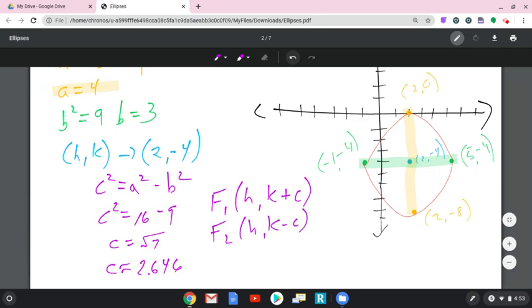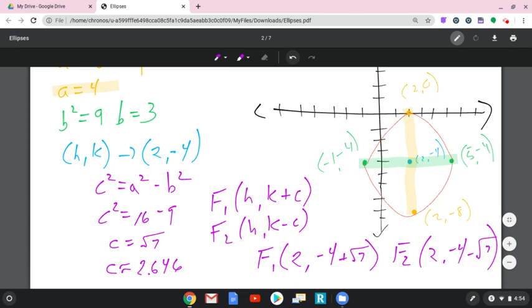The reason we're adding and subtracting from K is because it's an up and down ellipse. My center H is 2, so the foci are (2, -4 plus root 7) and (2, -4 minus root 7). Those would be the exact values, the answer for the 2 foci points.